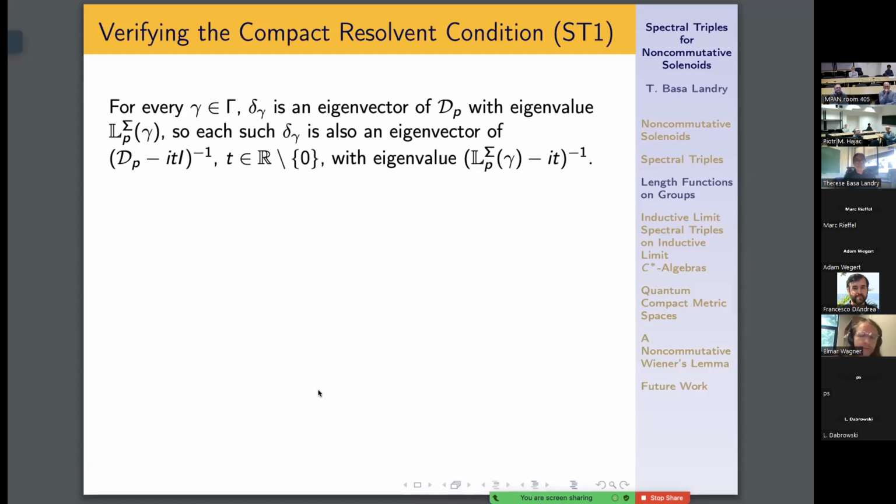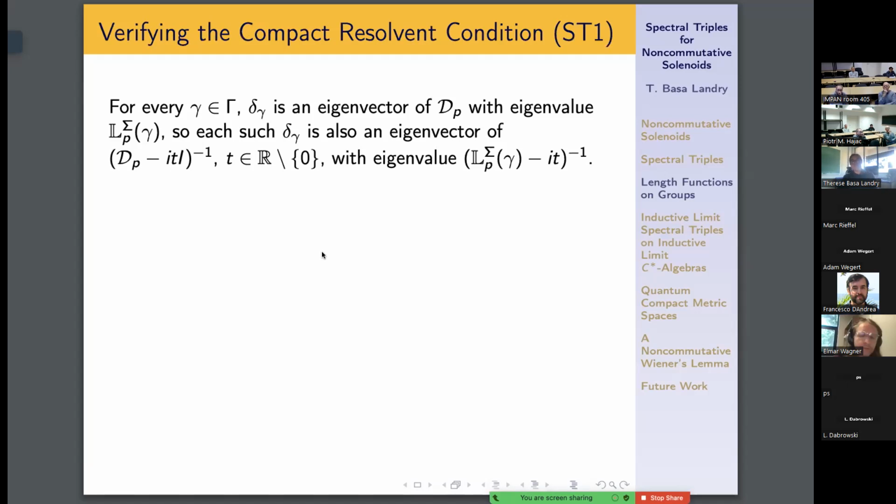The finite summability condition is actually a consequence of the bounded doubling condition for the length function. On the other hand, verifying the compact resolvent condition relies on the length function being proper. You can see that in the proof.